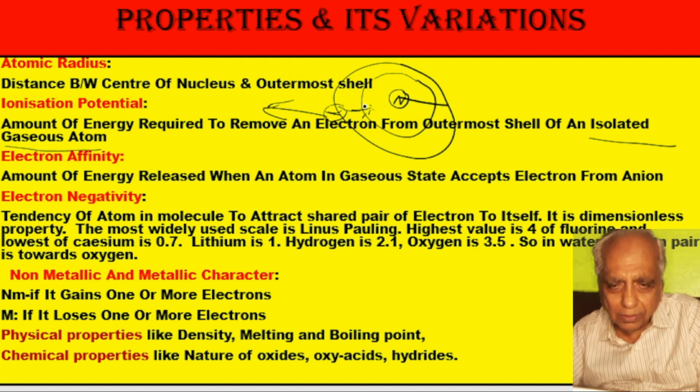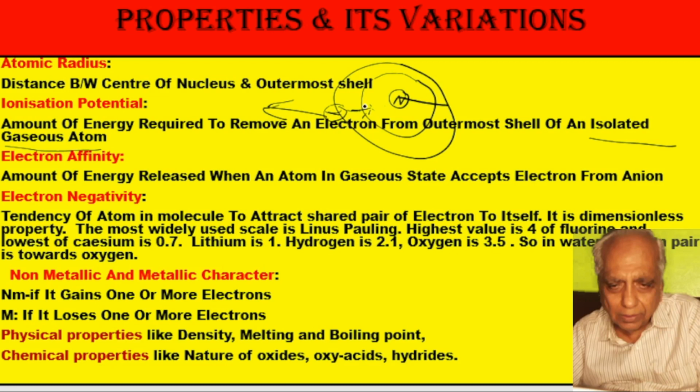So in case there is an electron flowing here, which has come from another atom or from a battery, and that electron enters the orbit of this atom, the nucleus will attract it, so it will not be able to leave.